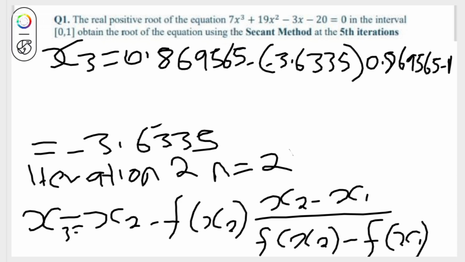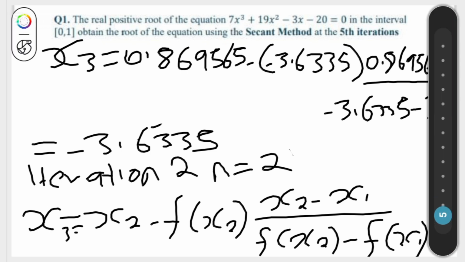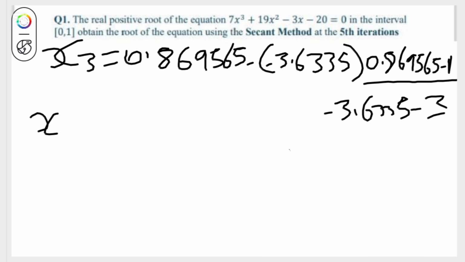Then I have to divide by f of x2 minus f of x1. So this will now be negative divided by negative 3.6335 minus 3. So at the end, my new x3 should now be equal to 0.9.